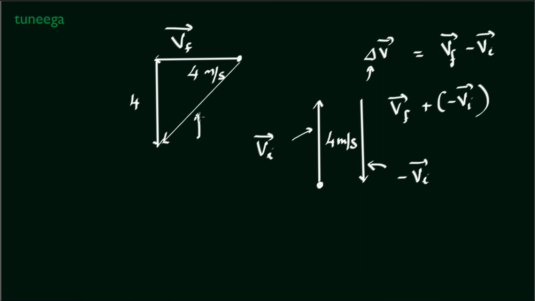So this vector is V final minus V initial. This vector is minus V initial. So to V final, we have added minus V initial to get V final minus V initial. So the change in the velocity is this vector 4 root 2 meters southwest.